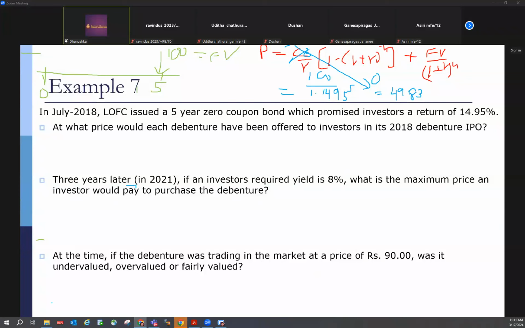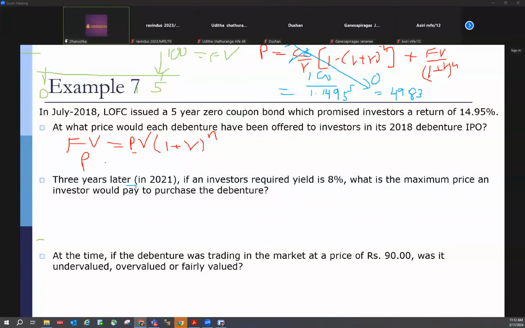Sorry. I said we can do it in 2 ways, right? Same thing. Only thing is, if you remember the equation, future value equals present value times 1 plus R to the power N. This equation is correct as long as there are no multiple cash flows, correct? Here you have only one cash flow. What I want to know is my present value.